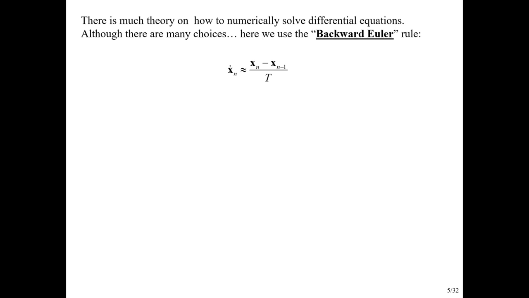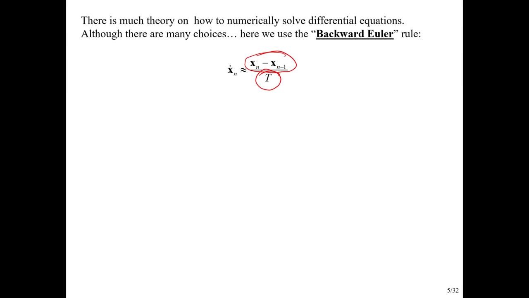The idea there is for discrete samples: this is a vector x at time n, and this is that same vector at time n minus 1. So this would be the state vector at two subsequent sample points spaced by capital T, where capital T is 1 over our sampling rate. If we take the difference between two adjacent samples and divide by the time spacing between them, that's sort of like a derivative, right?